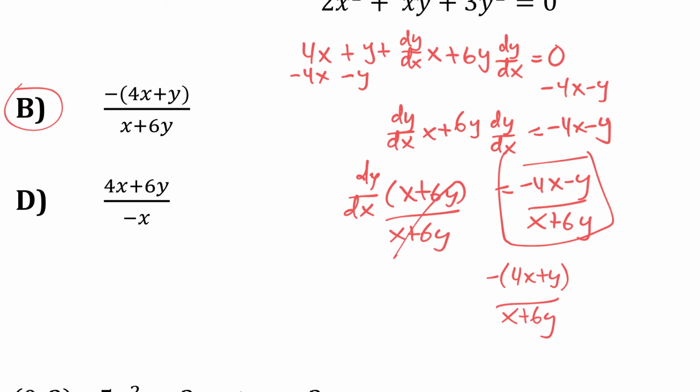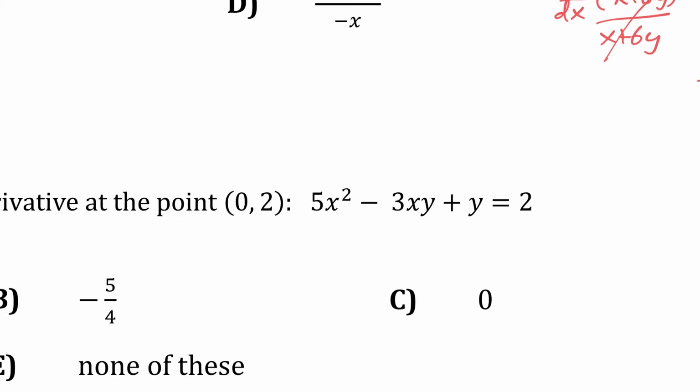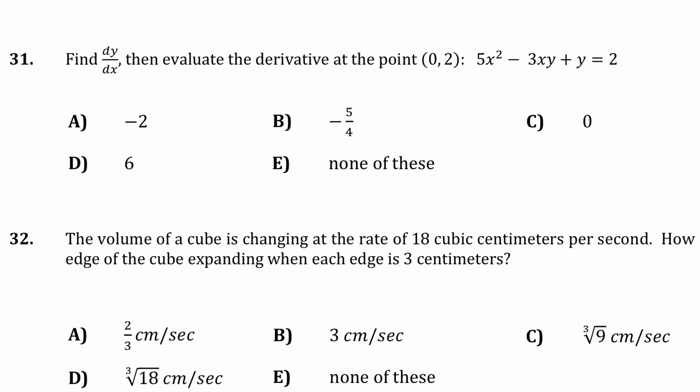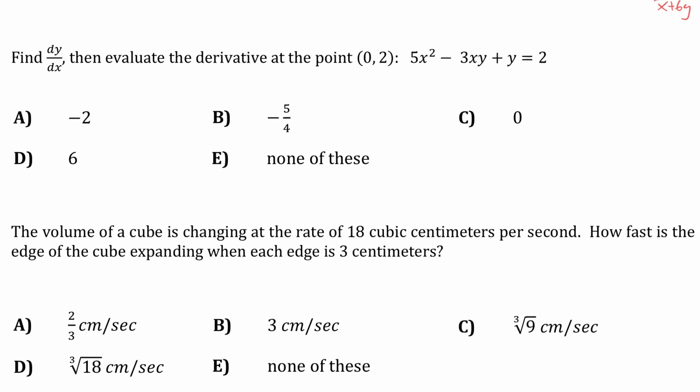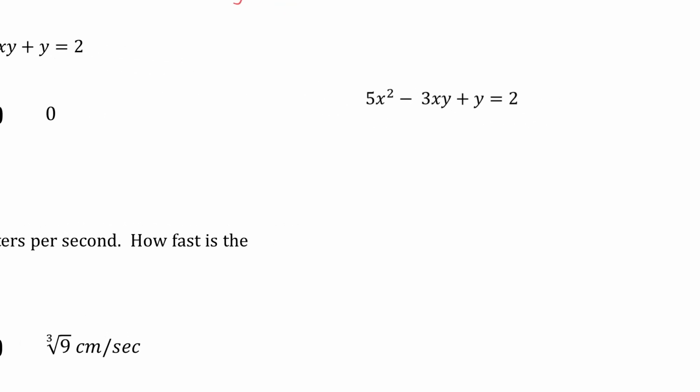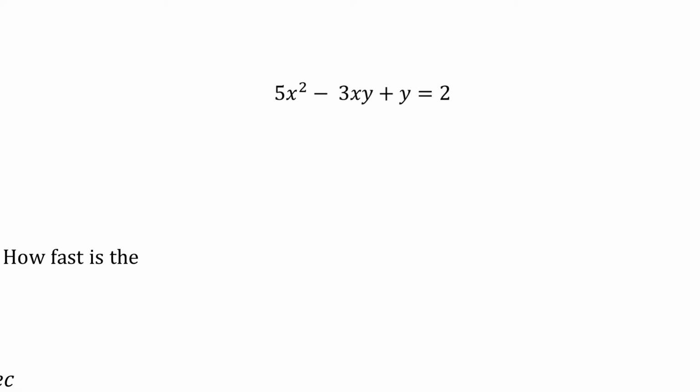Okay, we have this one, 31. Find dy dx, then evaluate the derivative at the point 0, 2. So we need this. I'll go over here, and I will copy this so I have more room. Dy dx. Let's go.